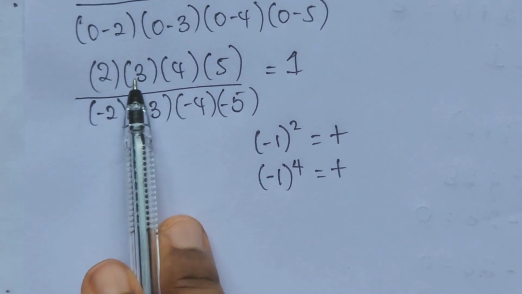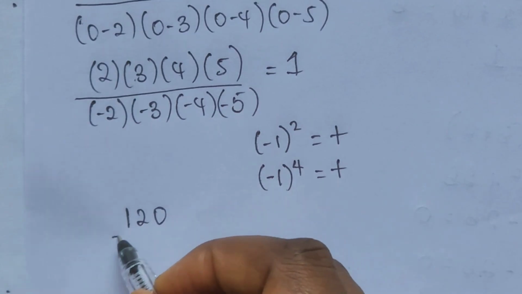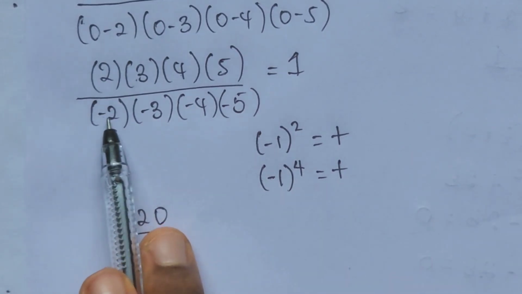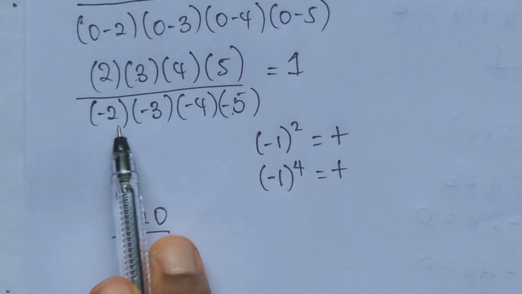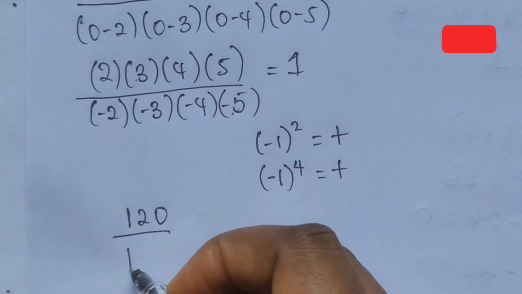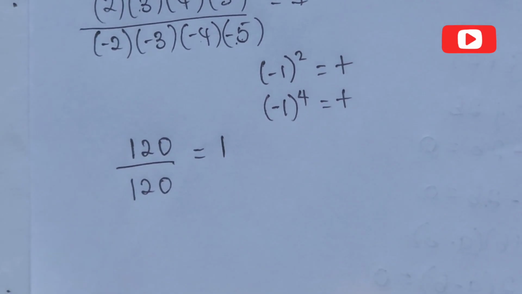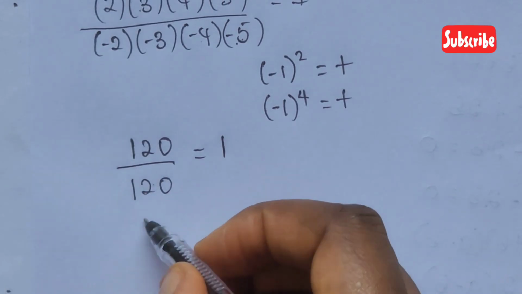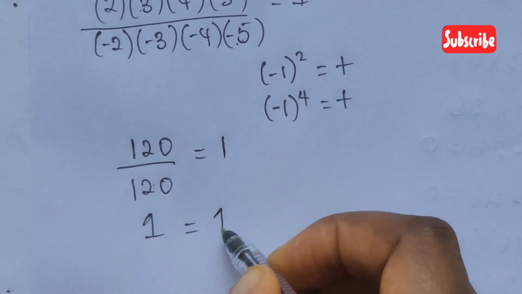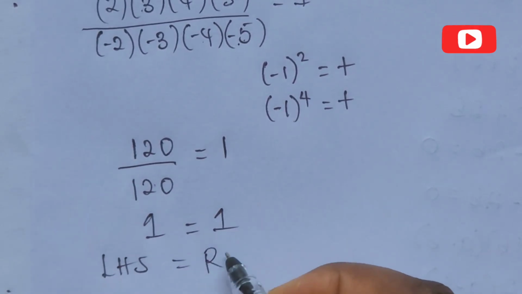So our 2 times 3 times 4 times 5 is 120 all over, we have negative 1 in 4 places, so we have positive. So we have 120 to be equal to 1. So 120 over 120 is 1, which is equal to 1. So the left hand side is equal to the right hand side.